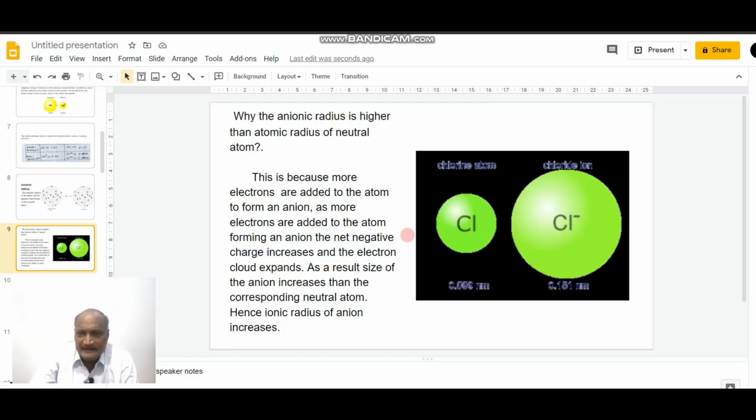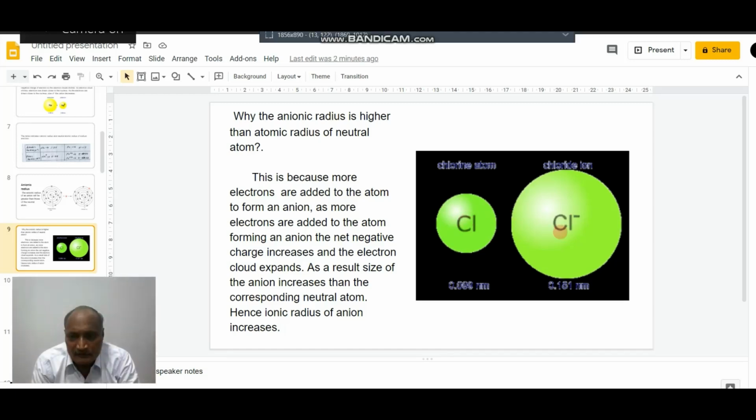The figure indicates the neutral chlorine atom, its size and its radius, and the size of the chloride anion and its radius. So definitely here we observe the size of the neutral chlorine atom is smaller than that of the chloride ion.